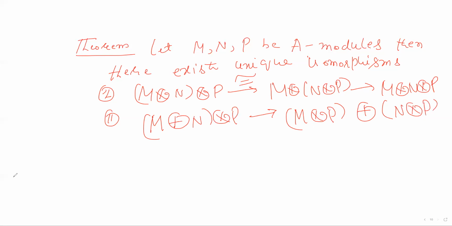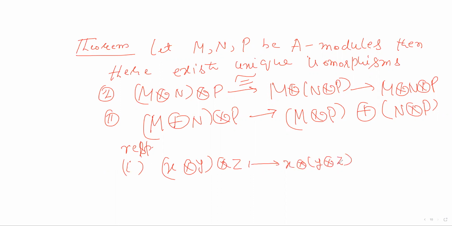So how do we define the isomorphisms on the generators respectively in this fashion? In the first case, x tensor y tensor z goes to x tensor y tensor z.